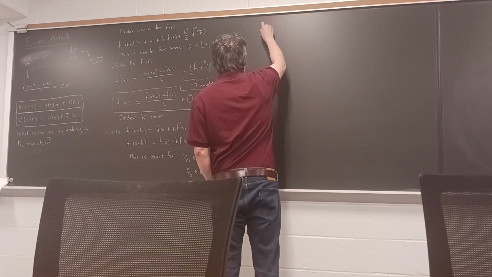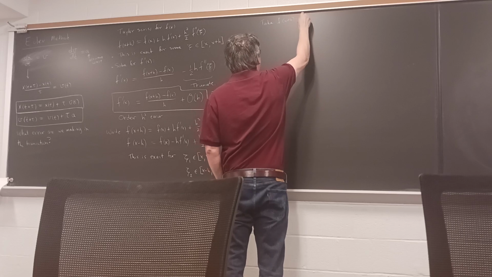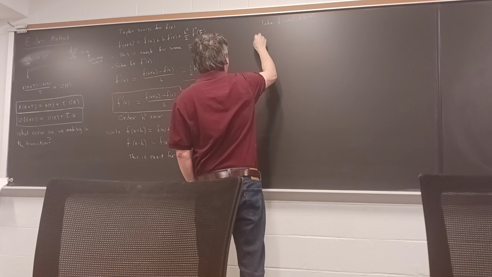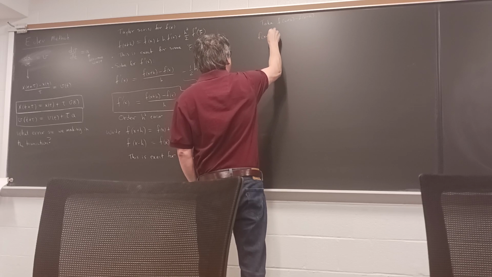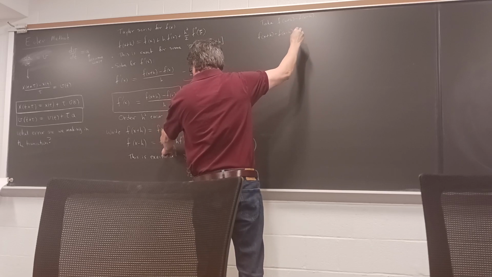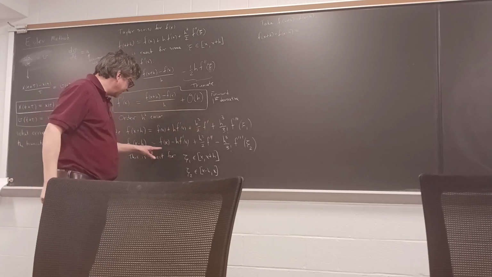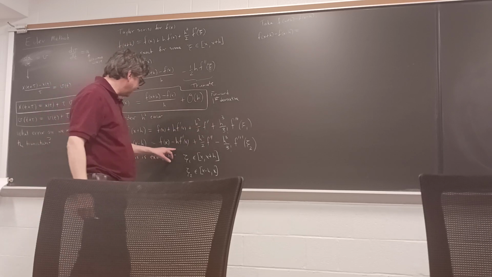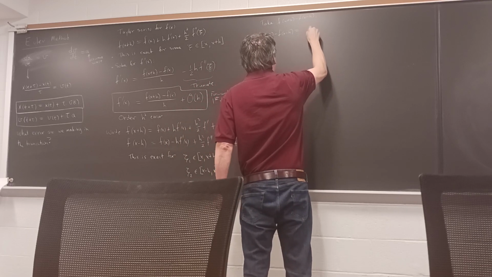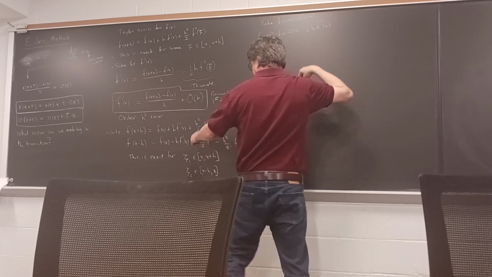So let's take f of x plus h minus f of x minus h. So on the left-hand side, we'll have f of x plus h minus f of x minus h. So if I take this series and then subtract off this series, I'll cancel out my f's, and then I'll have plus twice, I'll have 2h f prime of x.